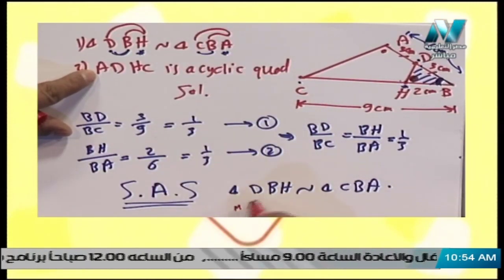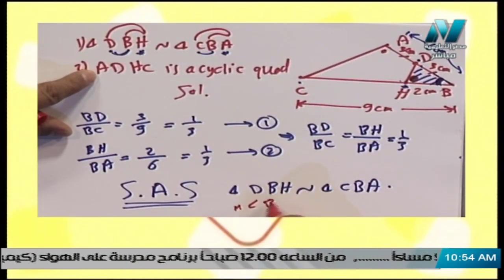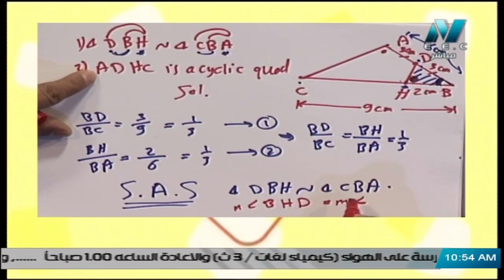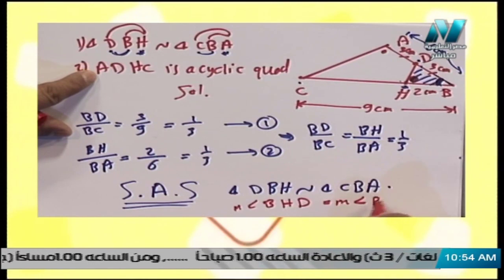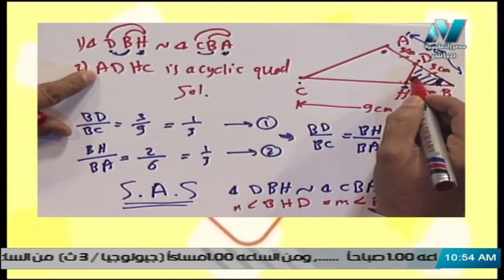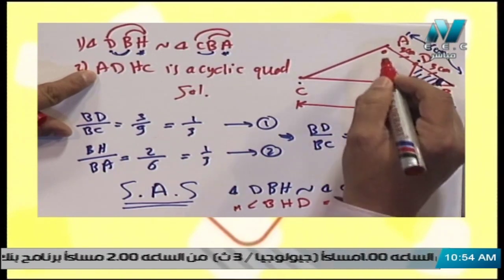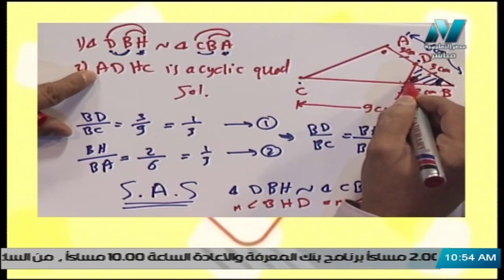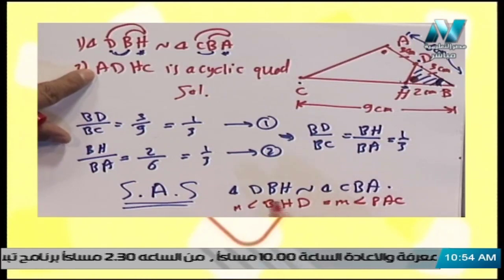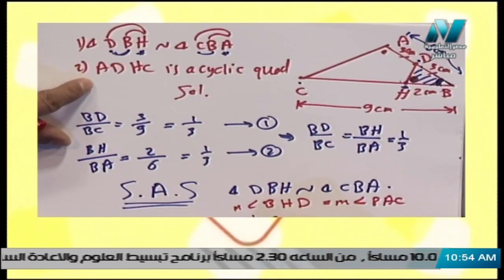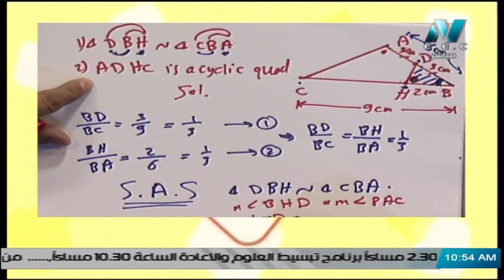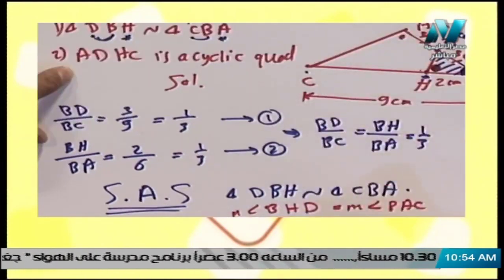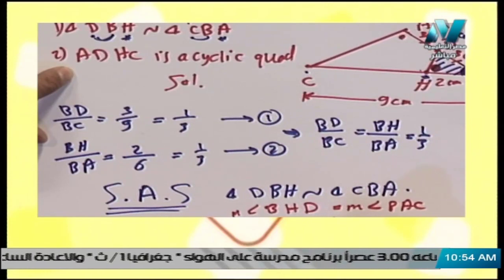So measure of angle BHD equals measure of angle BAC. So an exterior angle equals the corresponding interior angle opposite to this vertex. Then the quad DACH is a cyclic quad.